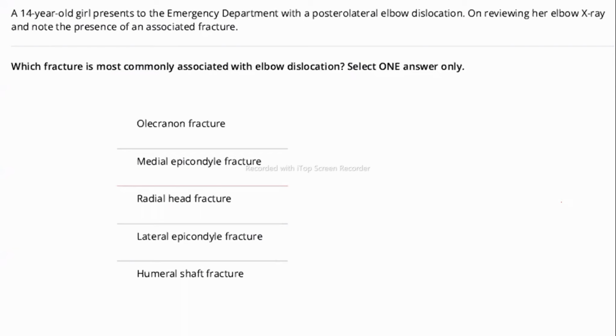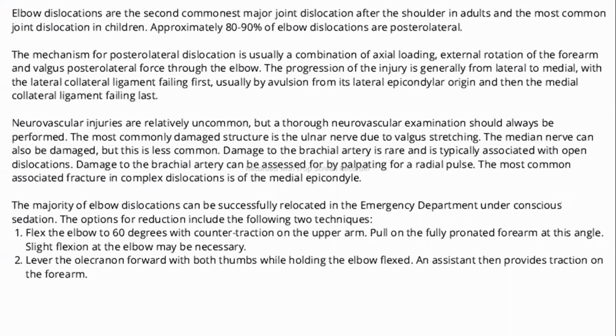Radial head. Medial epicondyle. Excellent. Medial epicondyle fracture. So here, regarding elbow dislocation, as we said, medial epicondyle. It's the second most common major joint dislocation. And here they can ask you about the mechanism of injury also. Okay.